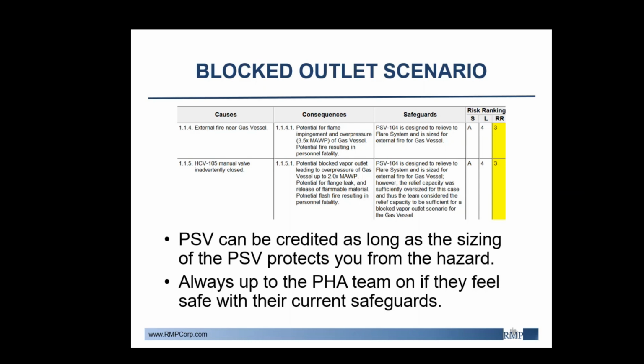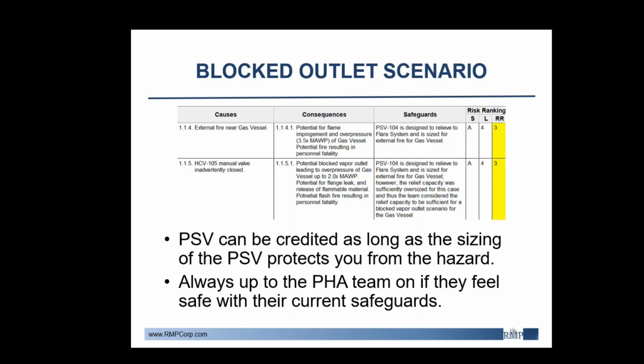However, the relief capacity was sufficiently oversized for this case, and thus the team considered the relief capacity to be sufficient for a blocked vapor outlet scenario for the gas vessel. This resulted in a likelihood of 4 and overall a risk ranking of 3.